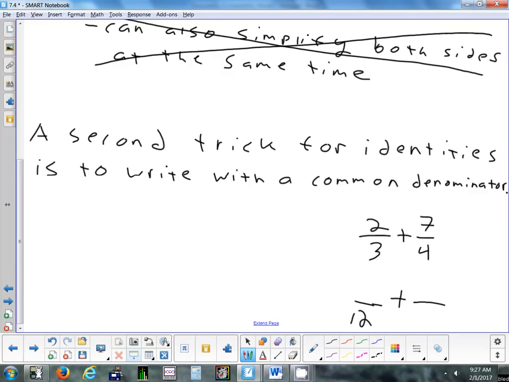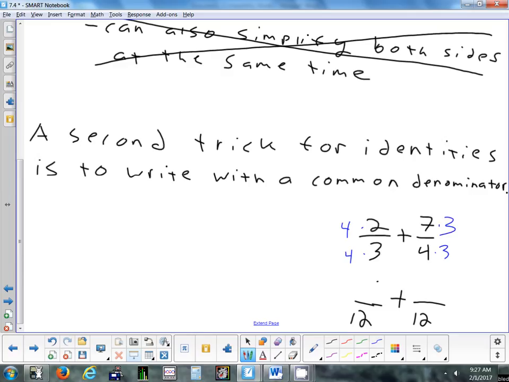So the easiest way to do a problem like this is just take one of your denominators, multiply it by the other one. Okay? So I would take the 3 and multiply it by the 4. But if you multiply the bottom of the fraction by 4, what else do you have to multiply by 4? The top. And now I'm going to take the 4, multiply by the 3, but if I do it in the bottom, I have to do it in the top.